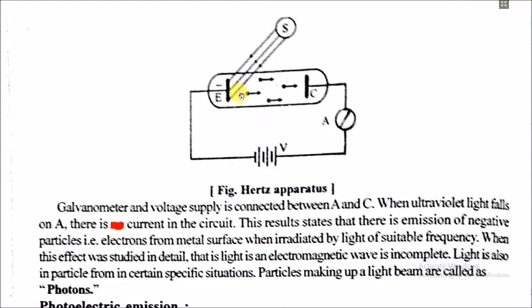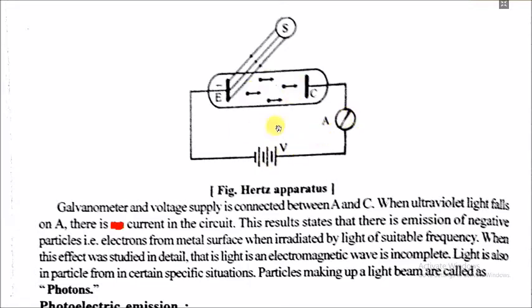Here this is the evacuated glass bulb in which two plates, plate A and plate B, are placed, and an external potential is applied to these plates with the galvanometer.